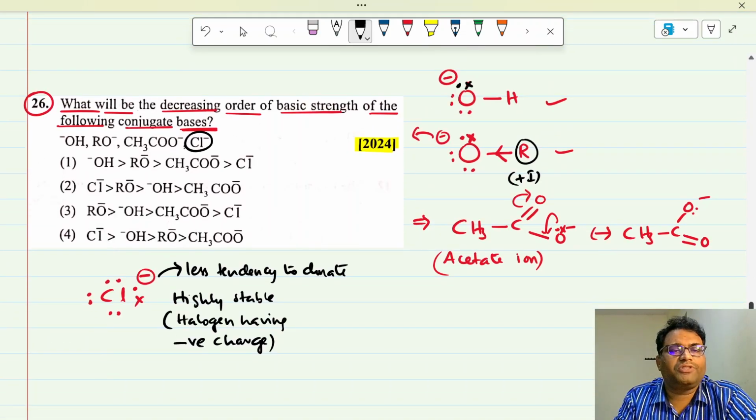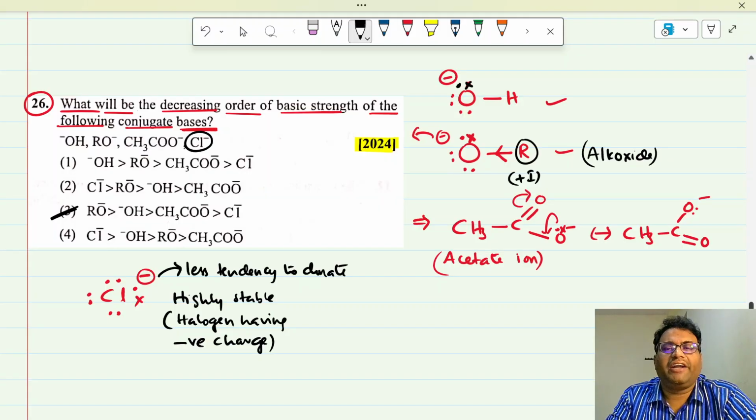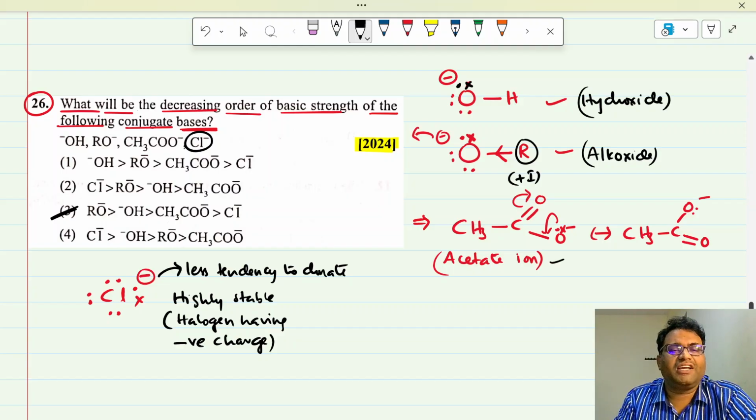So where is that option? Third option. Alkoxide is more basic than hydroxide. Hydroxide is more basic than acetate. Acetate is more basic than chloride. Understood? Okay. No doubt about it, among these four, which will be more basic?